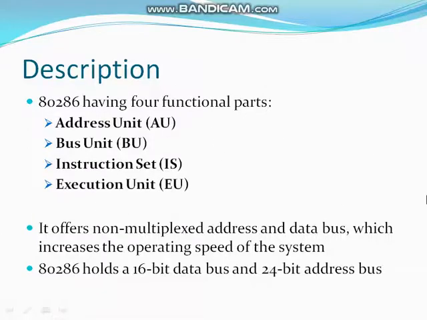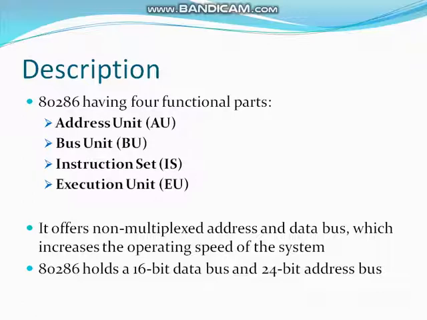The most important feature of the 80286 is that it has a non-multiplexed address and data bus, unlike the 8086, where it is multiplexed. So data as well as address we cannot transmit at a time.